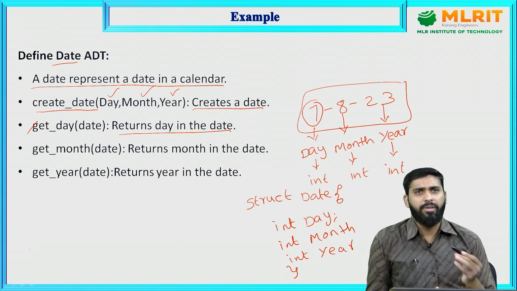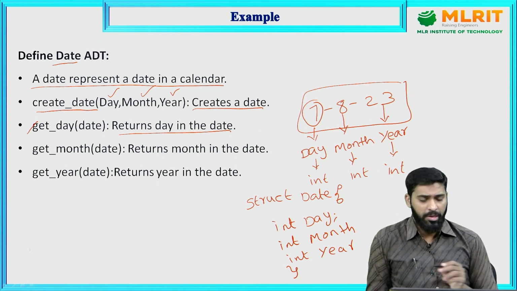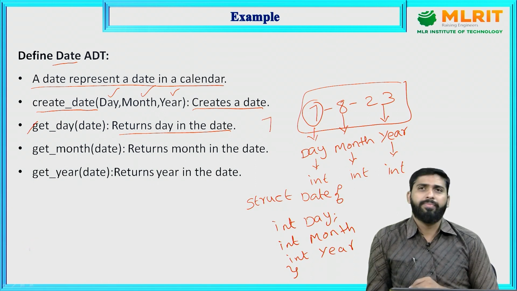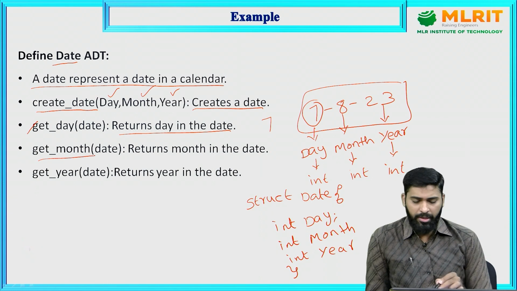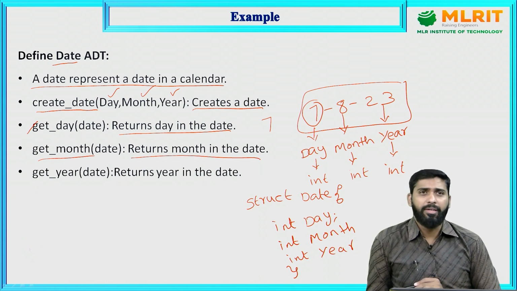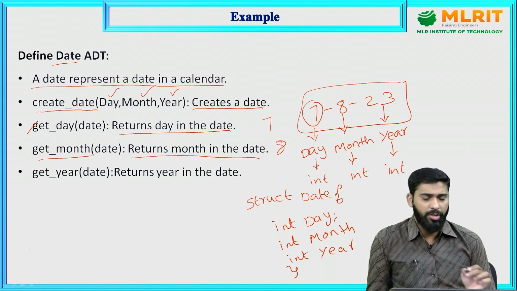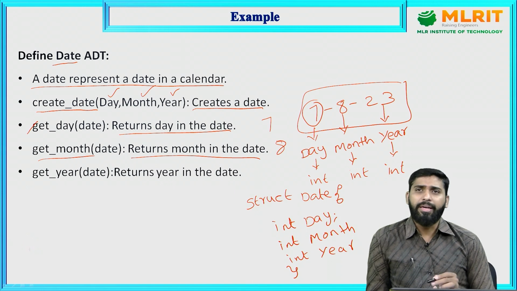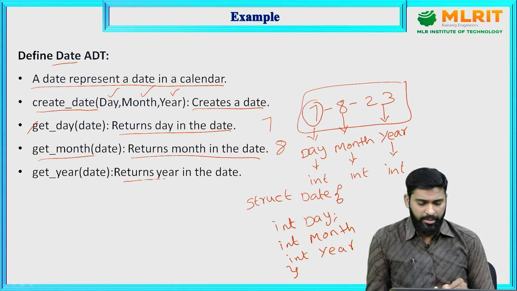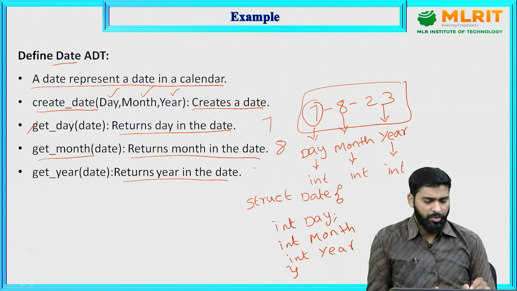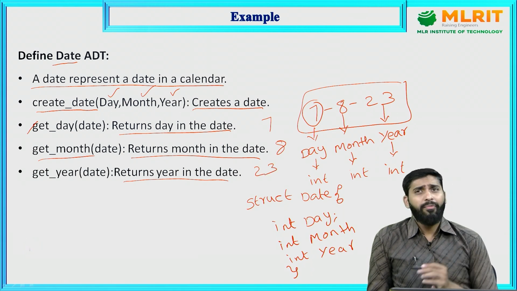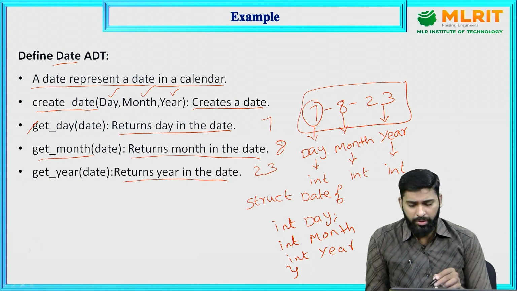If you give the input 7/8/23, it returns 7 as output. Get month returns the month in the date, so it returns 8 as output. Get year returns the year in the date, that is 23. For all these functions, the input is a date.